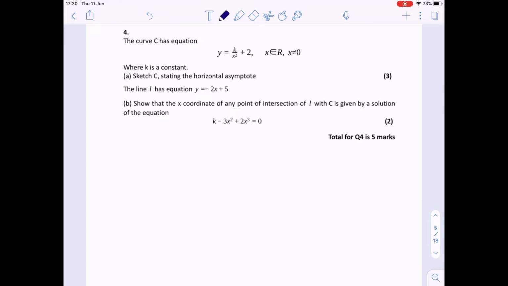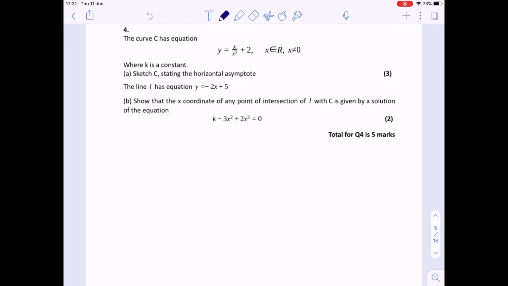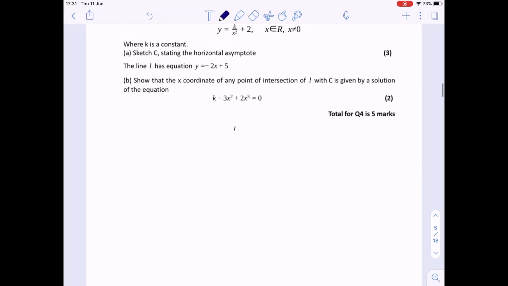Okay, question 4. We have the equation y equals k over x squared plus 2, x is in the reals and does not equal 0. Sketch C stating the horizontal asymptote. So let's start off by drawing some axes. Okay, it's just a rough sketch.